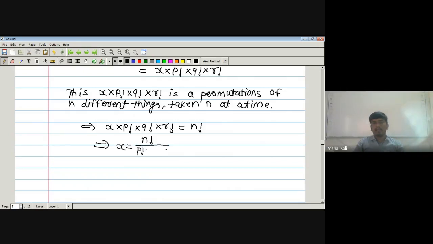So these are the required number of permutations of n things taken n at a time, where the n things are not all different. If we are given n things which are not different, and we have to find the number of permutations of these n things taken n at a time, then we can use this formula. Okay, any doubt?